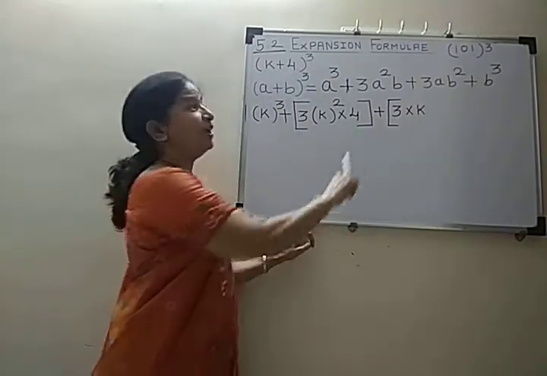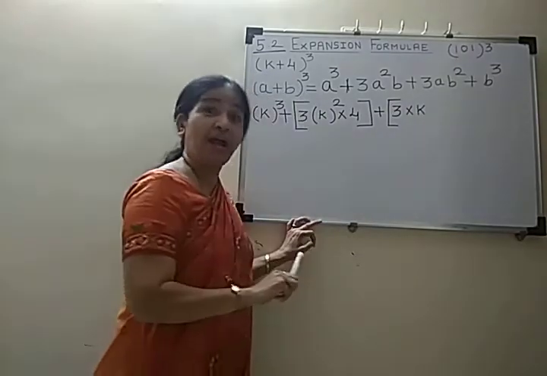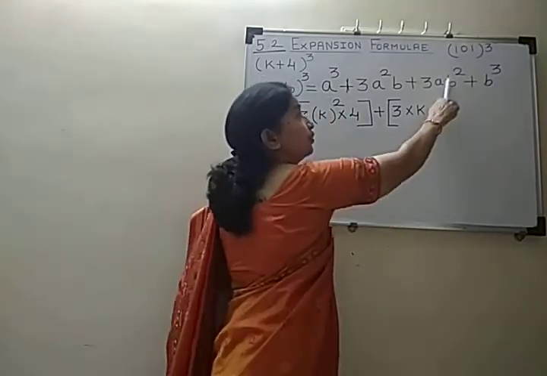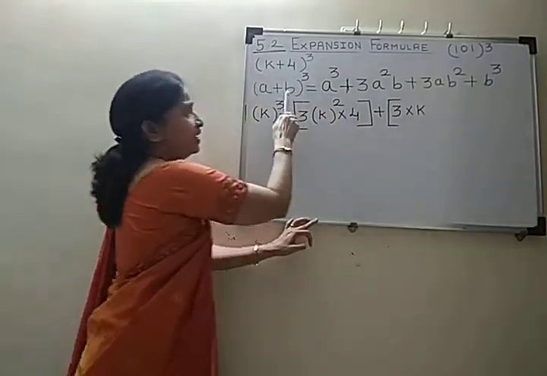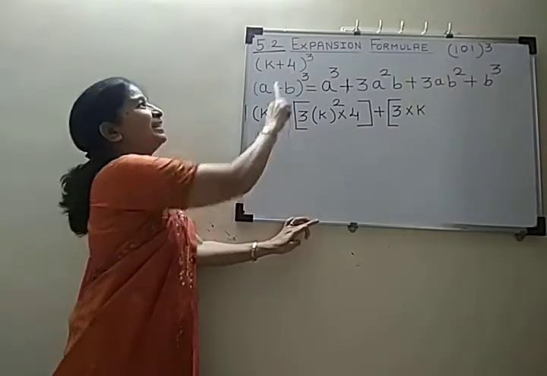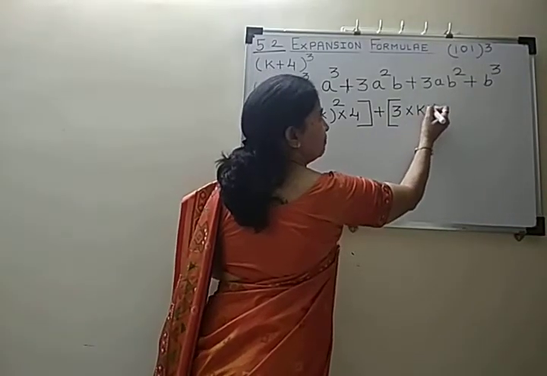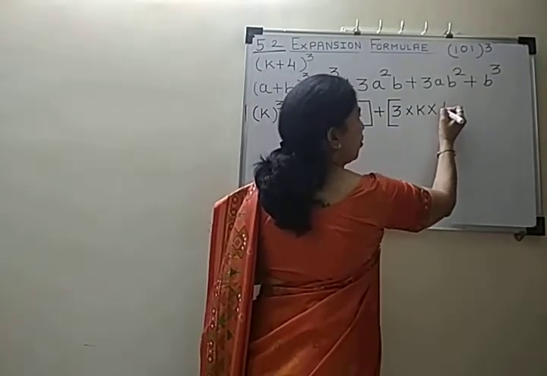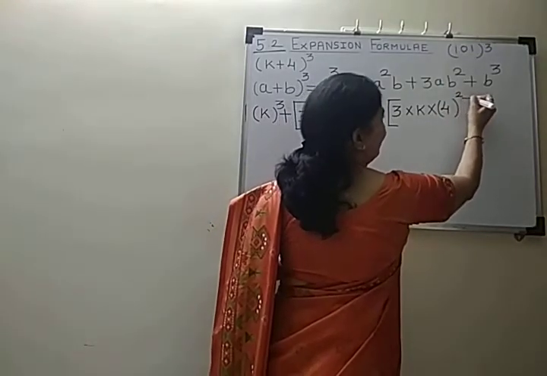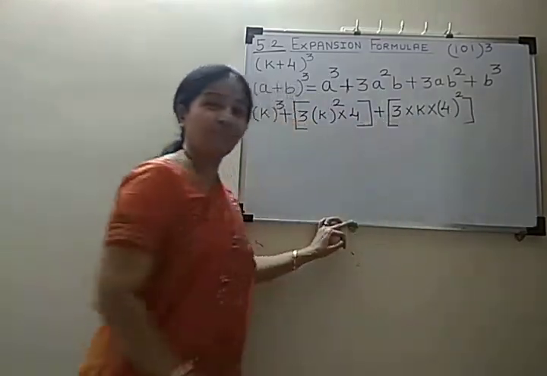Then what have they done? Then they have made the square of the second term, b square. So, b is the second term, no? What is our second term? It is 4. So, we multiplied by 4 square. This is how we got this third term.